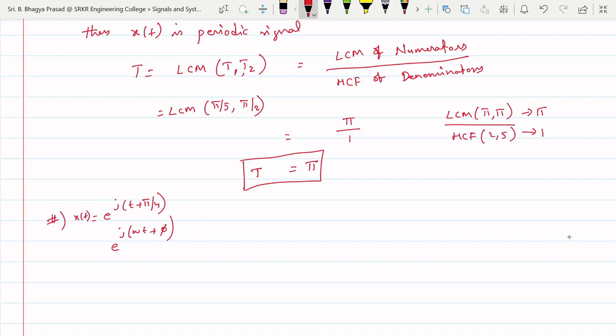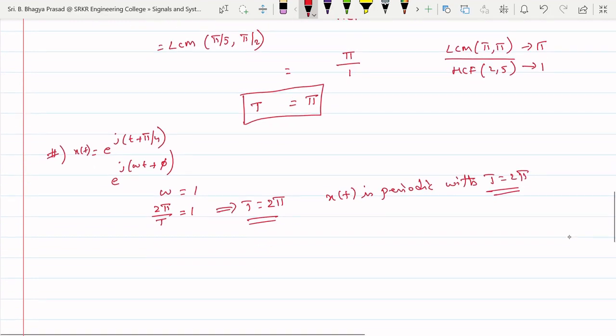So e power j omega t plus phi simply. You compare it like this: omega equals 1, so 2 pi by T is 1 and T is 2 pi. So it's a periodic signal. x of t is periodic with T equal to 2 pi.